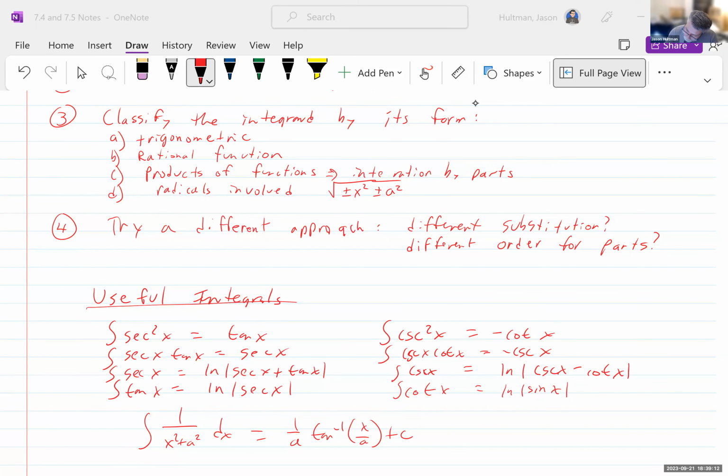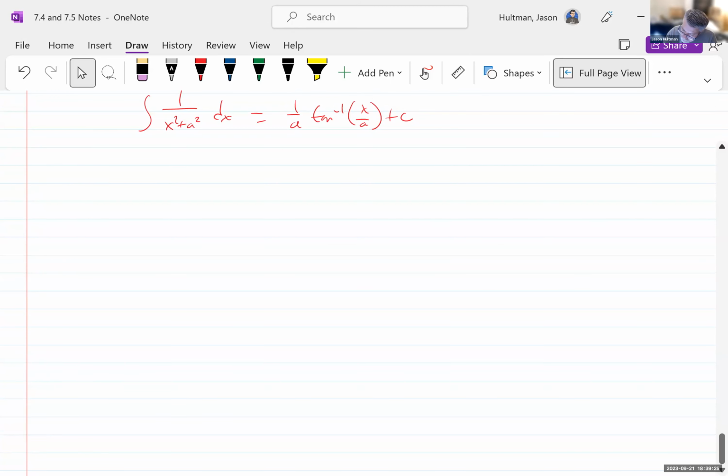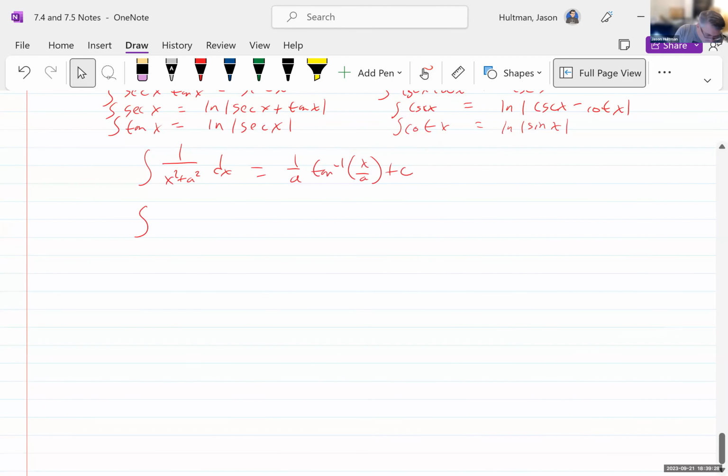Okay. Finally, oh, now I go too far. Okay. The integral of 1 over x squared minus a squared is 1 over 2a times the natural log of x minus a over x plus a plus c.